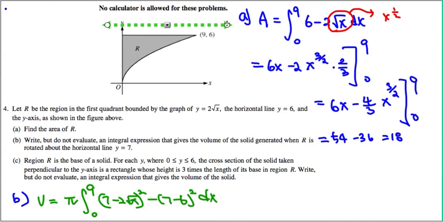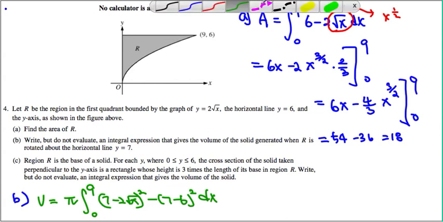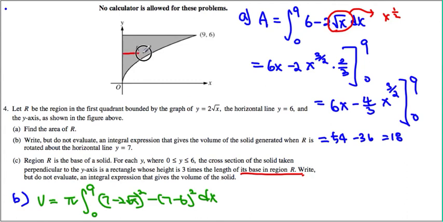Now, the cross section of the solid taken perpendicular to the y-axis is a rectangle whose height is 3 times the length of its base. That means this is the base of the rectangle, but height will be 3 times of that. You have to imagine that this is a rectangle coming out of your screen. And it's going to just line them up in this particular way.